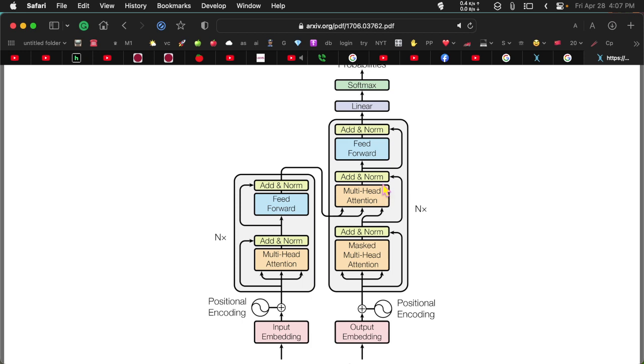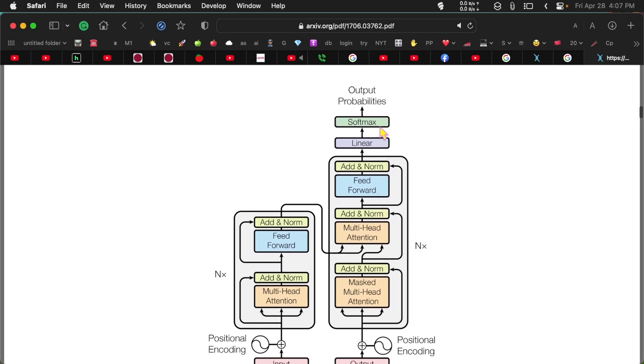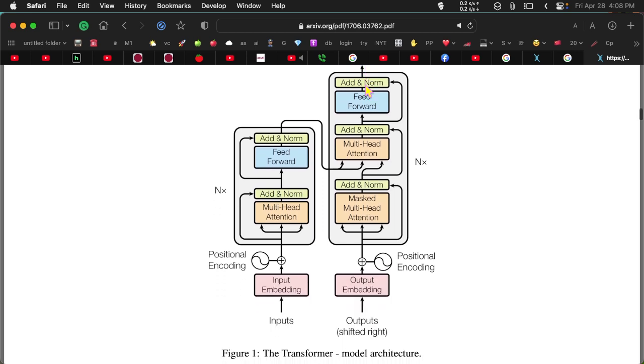And it continues on the same way through here until eventually we get this softmax out here so that we have one probability for a token. And I think that what's used here is what's called one-hot encoding. So you have your entire vocabulary, and one of these things would have the highest probability, and that would be the one that's selected.